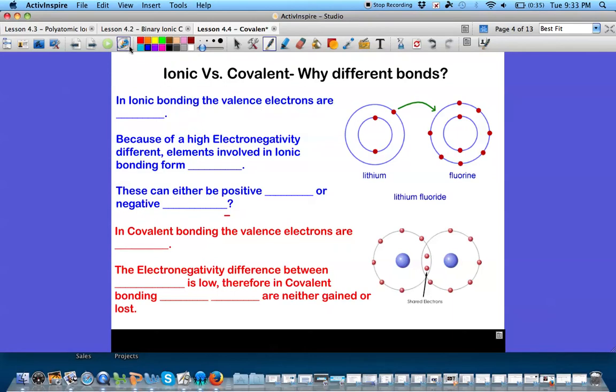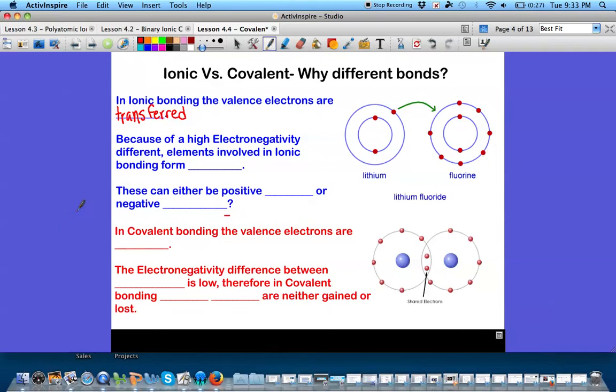In ionic bonding, the valence electrons are transferred. Shown on the diagram on the right, lithium is going to lose its one valence electron, and fluorine is going to gain it. That makes lithium a positive or a cation, and fluorine a negative or an anion.